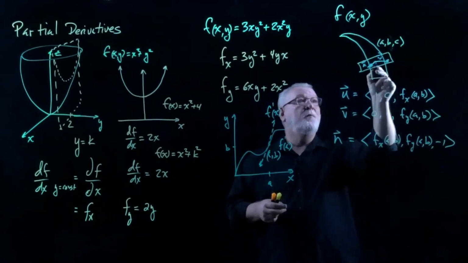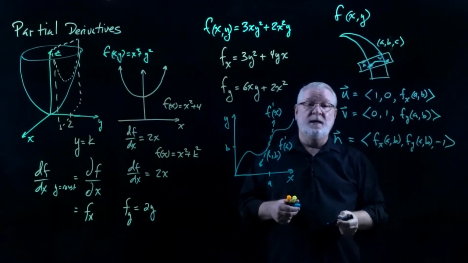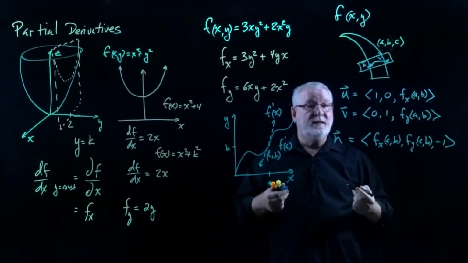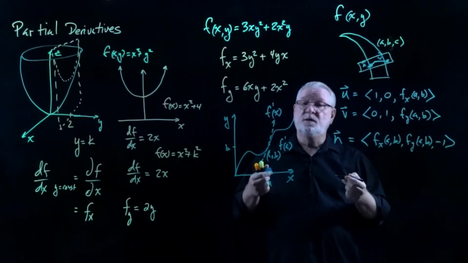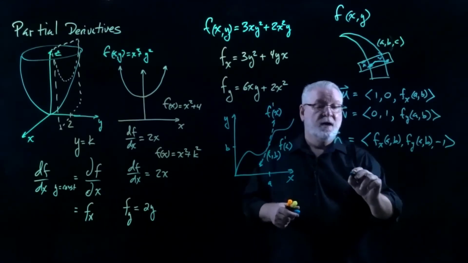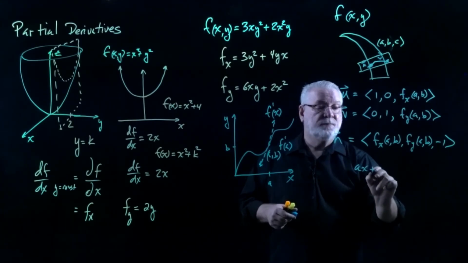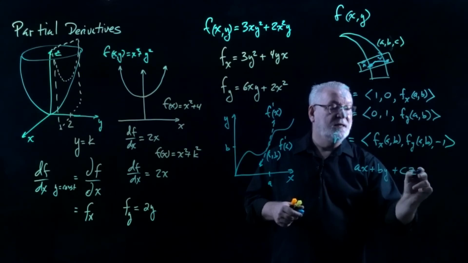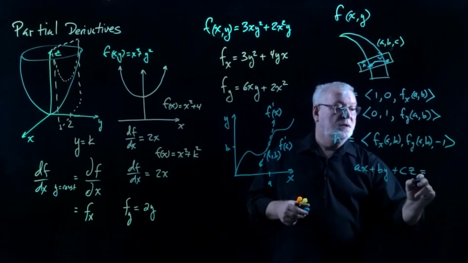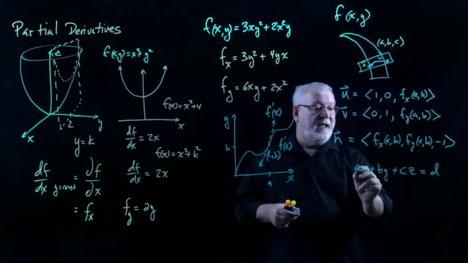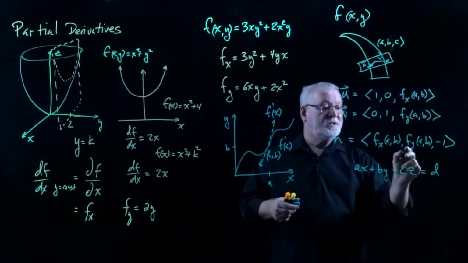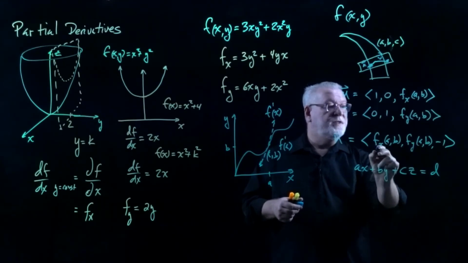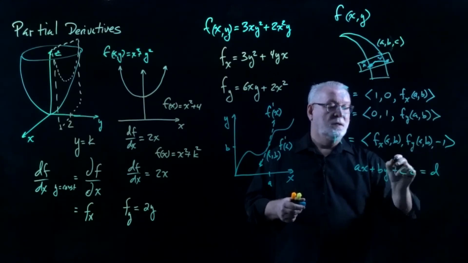That's the normal, and we have a point a, b, and c. So now we can simply write the equation for the plane using the tools we already have. I can say that it's going to be ax plus by plus cz is equal to d, where a, b, and c are actually provided by these coordinates right here.